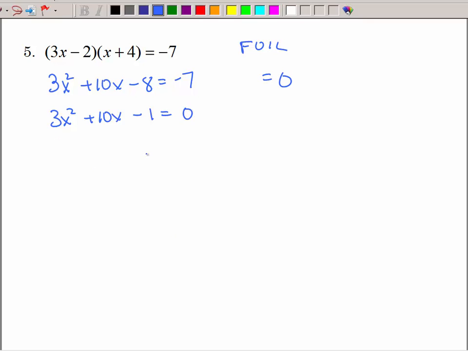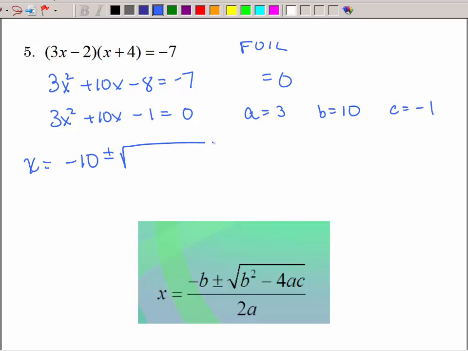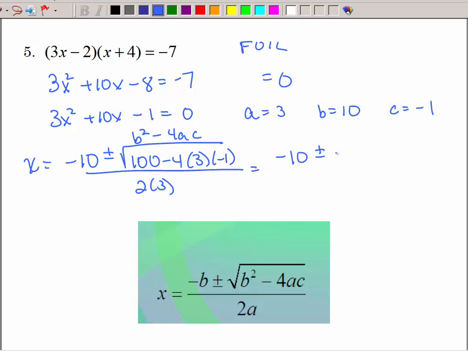And then, that does not factor, identify a and b and c, and then put it in your formula. Okay, so just a lot of arithmetic.